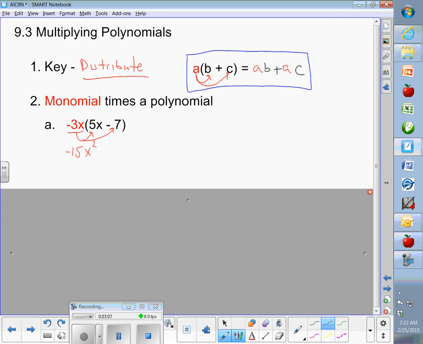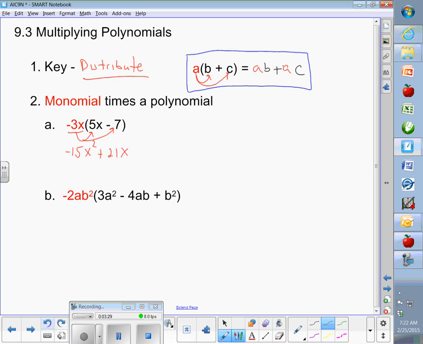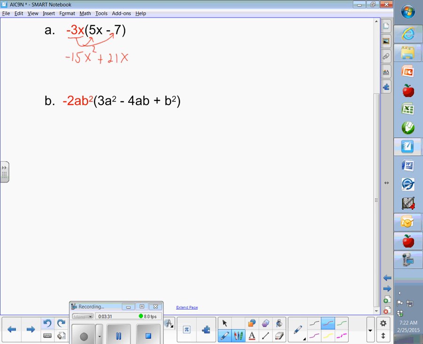First off, negative 3 times a negative 7. Remember, include the sign with the back number. Negative 3 times a negative 7 is a positive 21, and then times the x. And that's the solution. Negative 15x squared plus 21x. Pretty simplistic. Not a whole lot there. Pretty easy. Let's do the second example.